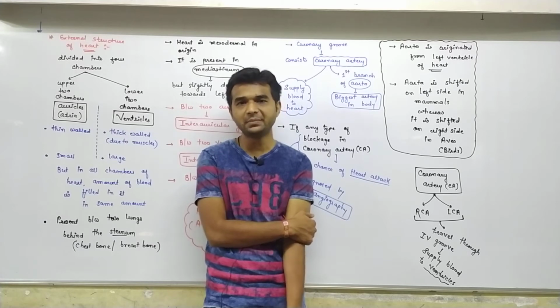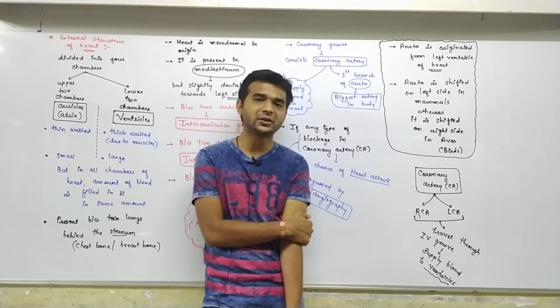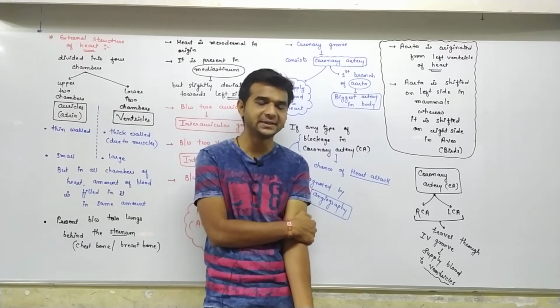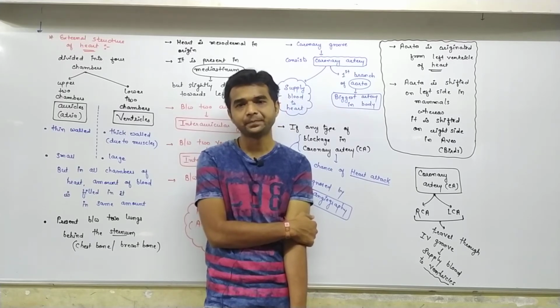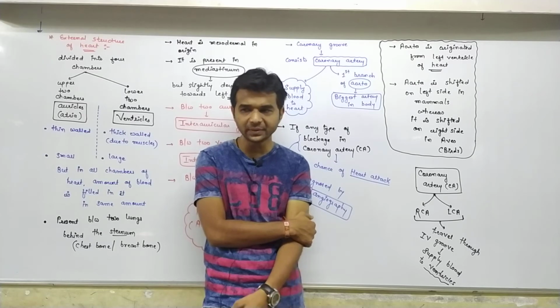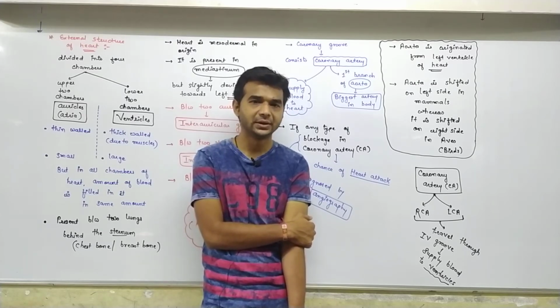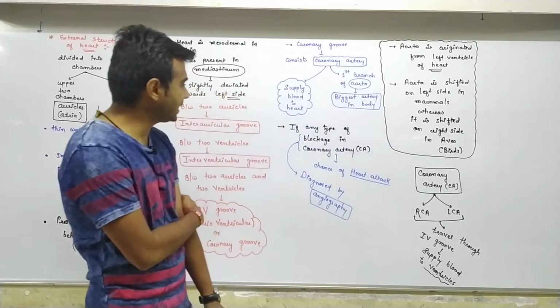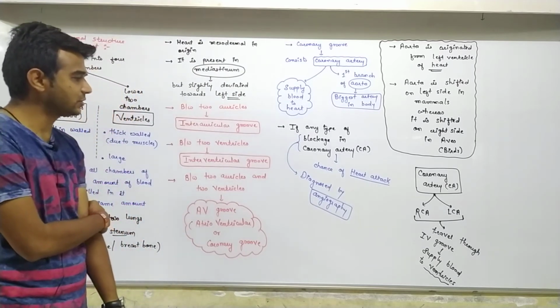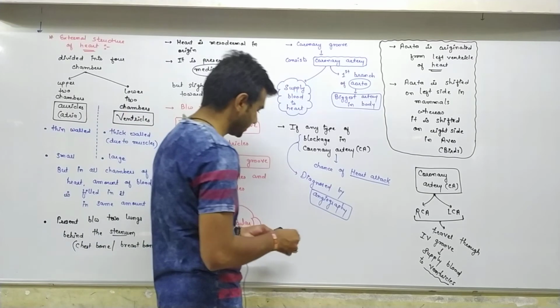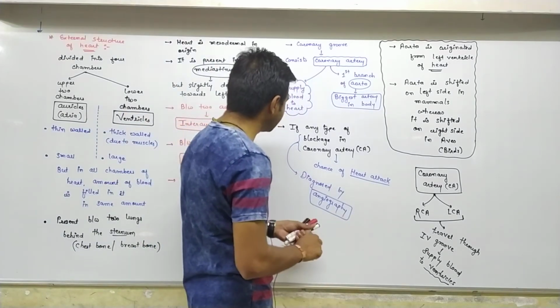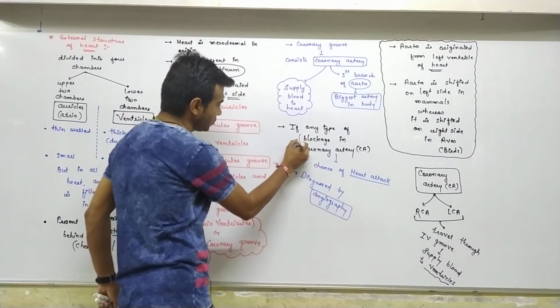But any problem related to the heart can be diagnosed primarily by ECG, primarily by echocardiography, and confirmed by angiography. So coronary artery blockage can be diagnosed by angiography, and if blockage is there, it is treated in two ways.